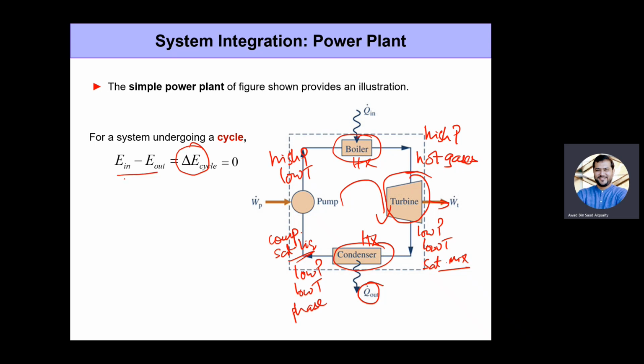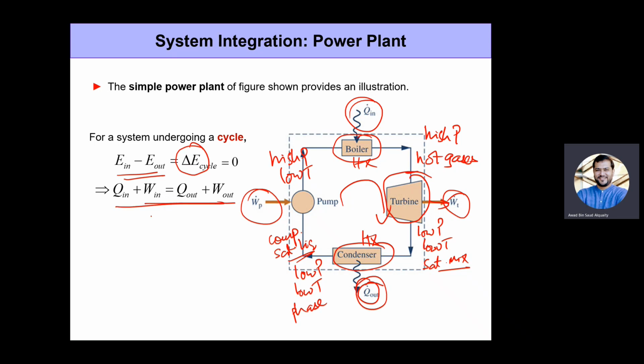So when I talk about this in terms of the energy for the overall system, I can say that the different ways in which the energy enters the system, such as heat input in the boiler or work input in a pump, should be exactly equal to the way the energy exits from the system, such as the power output or the work output in the turbine, plus the heat output or the heat rejected in the condenser. So this is essentially what we can get from it.